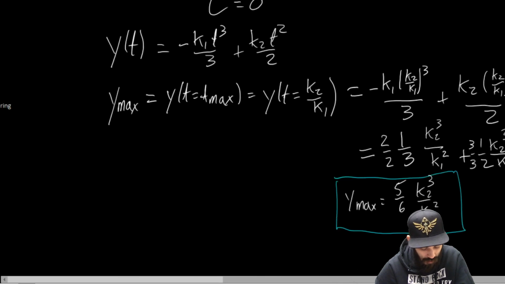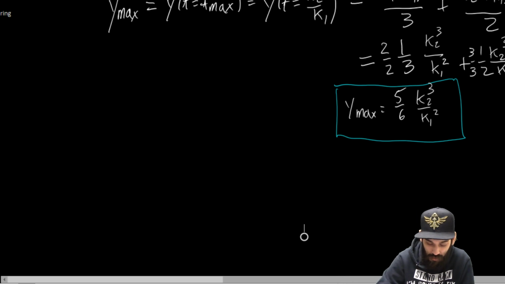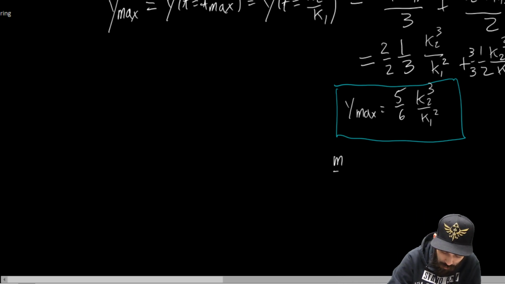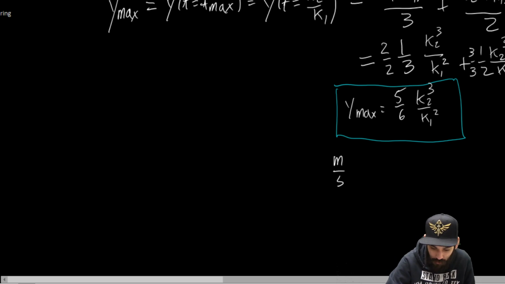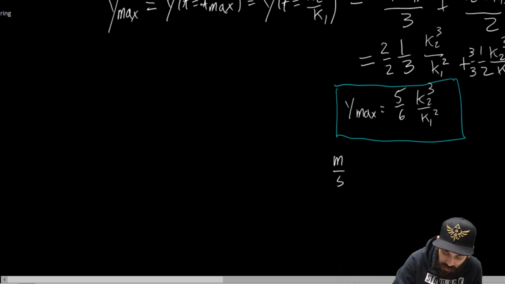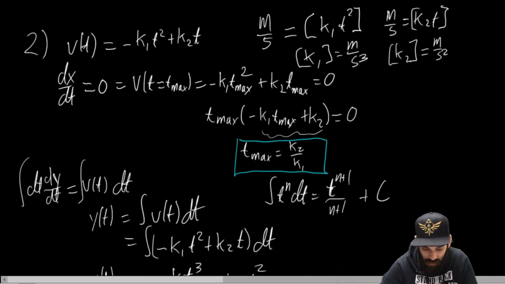because what we have here is k2 cubed divided by k1 squared. So k2 had units of meters per second squared. I'm already forgetting: meters per second squared and meters per second cubed.